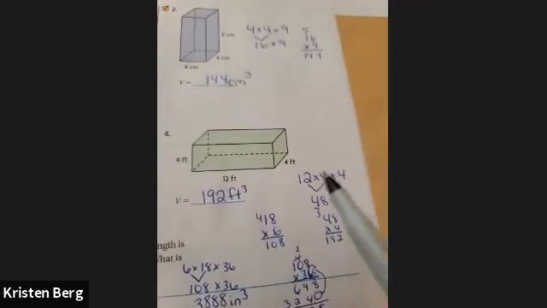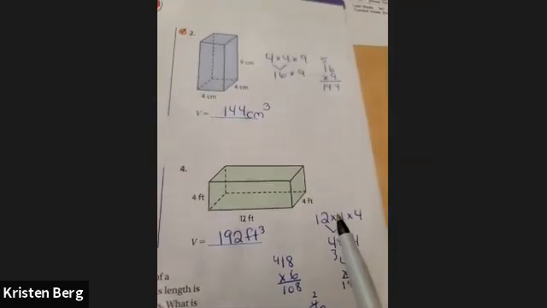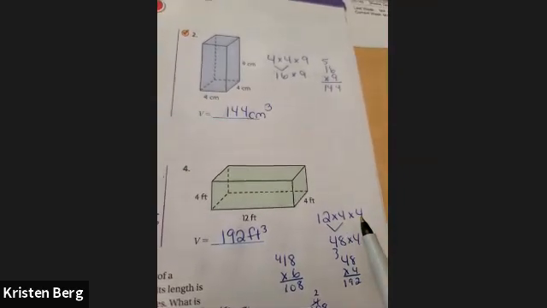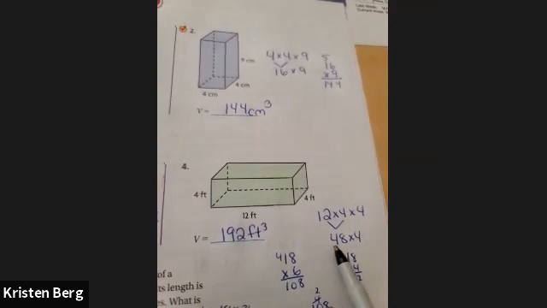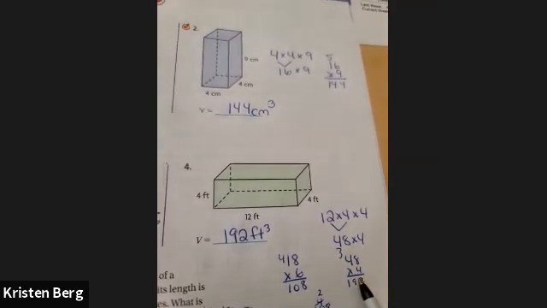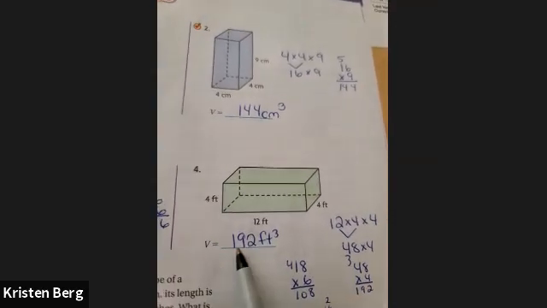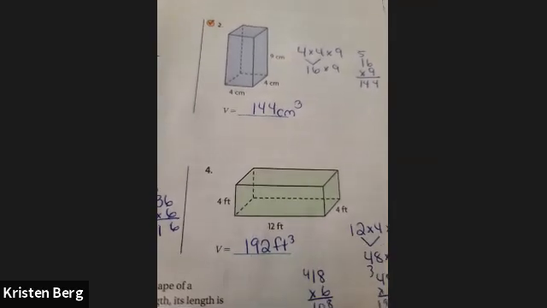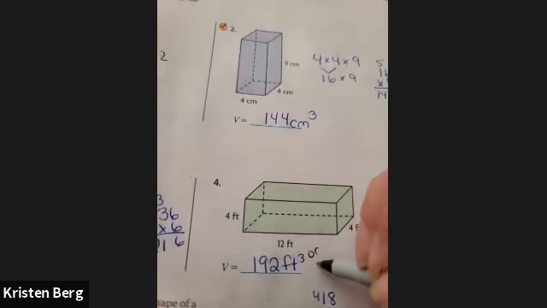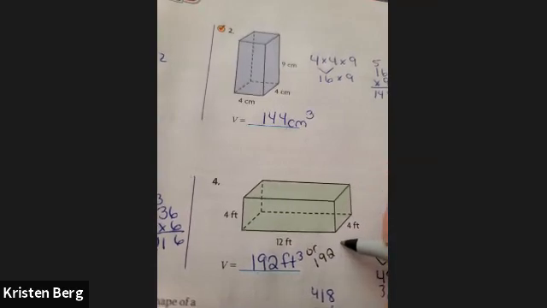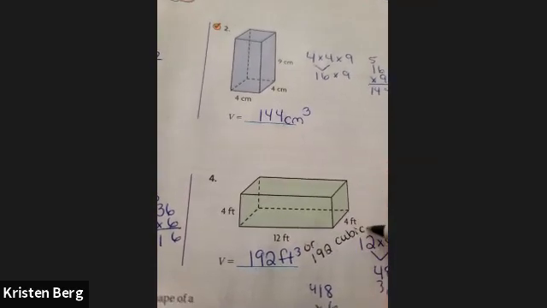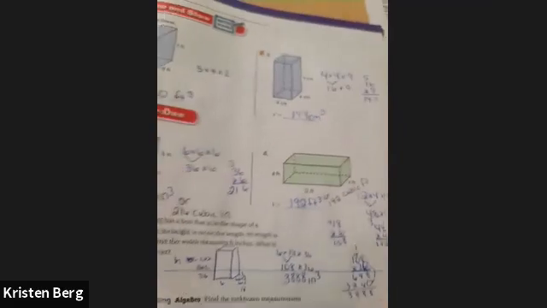Next, on this one, you should have done 12 times 4 times 4, which you could have said was 48 times 4, which is 192. So you could have said 192 feet cubed, or you could have said 192 cubic feet, whatever way you would like.